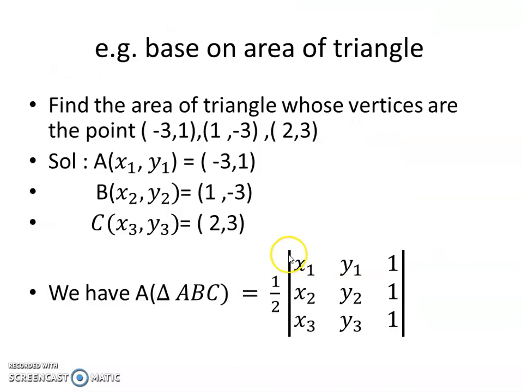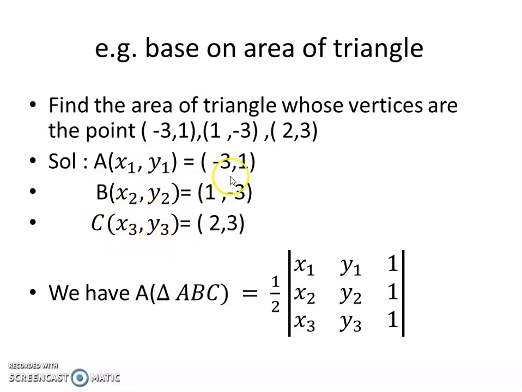Let us try an example based on area of triangle. Find the area of the triangle whose vertices are the points (-3, 1), (1, -3) and (2, 3). If 3 points are given, we take the first point as A (x1, y1), the second point B (x2, y2), and C (x3, y3).